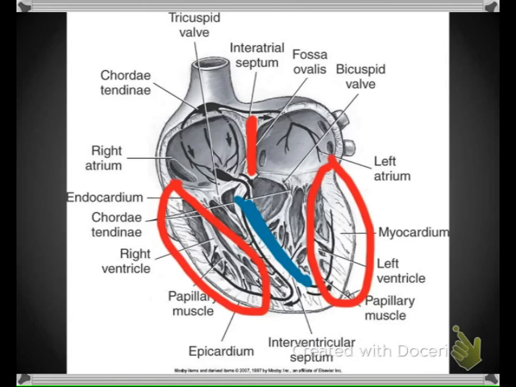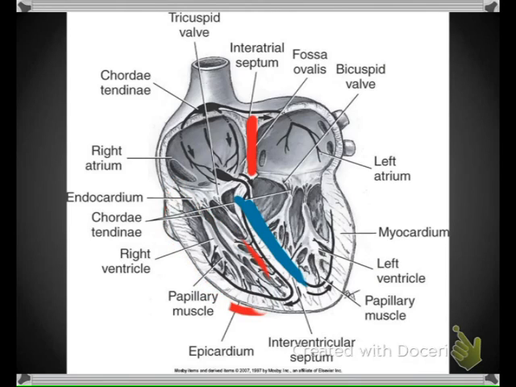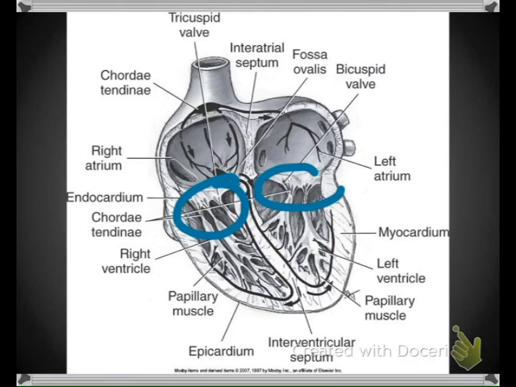Notice how thick it is on the left and how much thinner it is on the right. And also notice that we have the tricuspid valve on the right side in this area, and we have the bicuspid valve here.